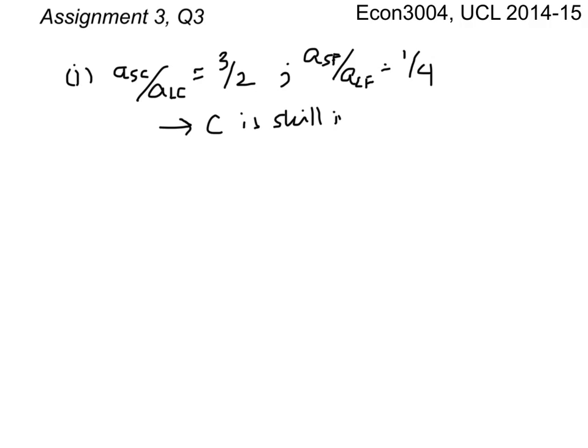So in the cloth sector, that's equal to 3/2, and in the food sector, that's equal to 1/4. So you can see straight away that the cloth sector is skill intensive.